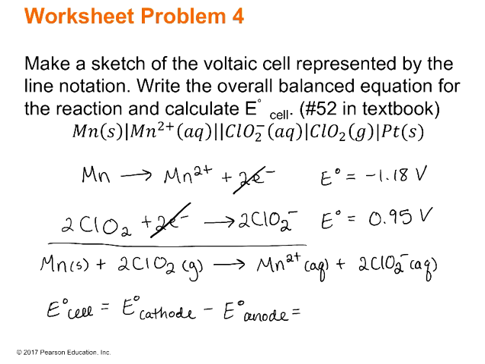All right, so which one was the cathode again? Manganese or chlorite? The chlorite. So we would put that first. And that means manganese is the anode. So we're going to subtract negative 1.18.